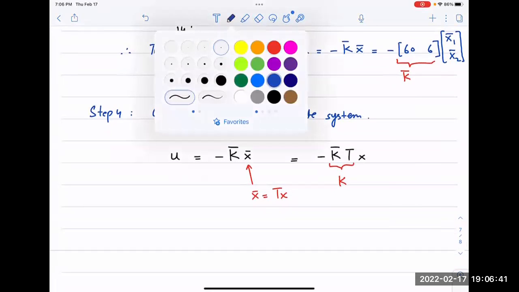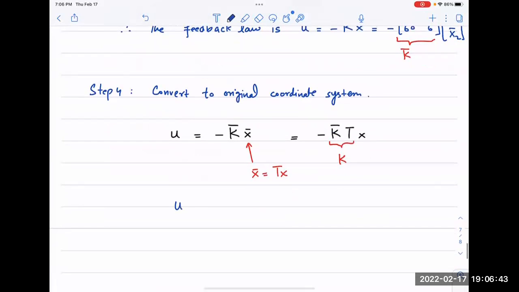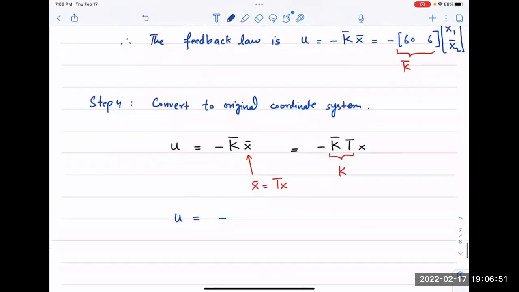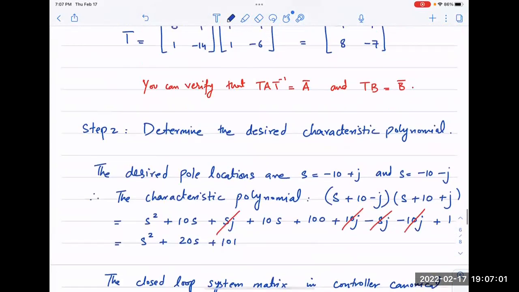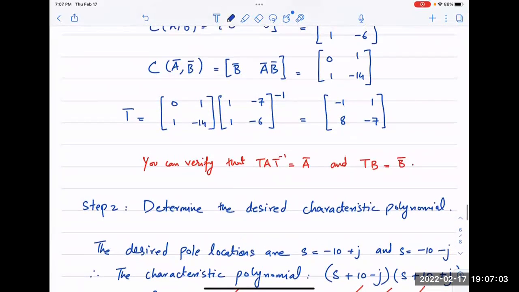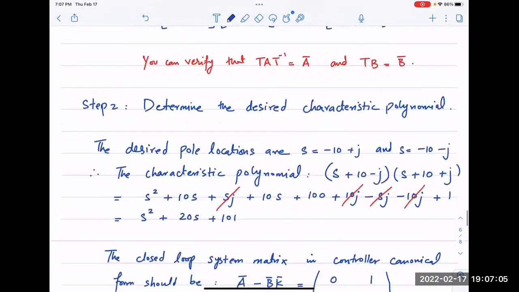So let's do it here. This u is actually minus K bar, which was 60 and 6, and your T transformation matrix, if you go back and see, is minus 1, 1, 8, minus 7.